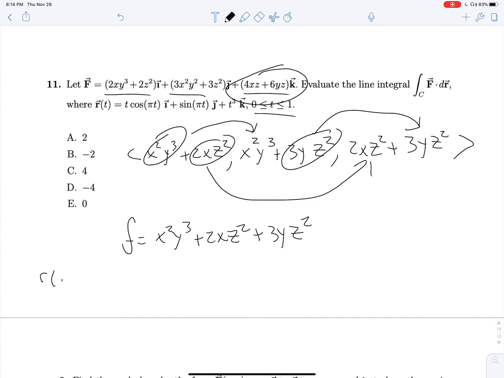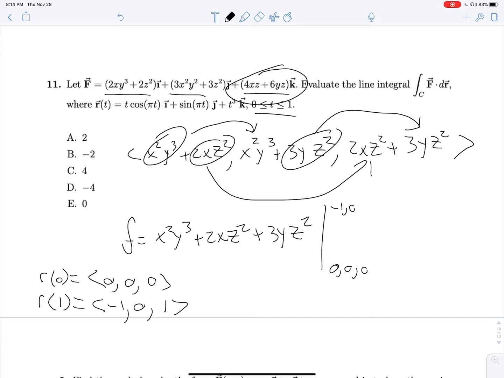Well, r of 0 is going to be 0, 0, 0, and r of 1 will give us 1 times the cosine of pi, so -1, the sine of pi, which is 0, and 1 cubed, which is 1. So now we're evaluating this with 0, 0, 0 down here, and -1, 0, 1 up here.